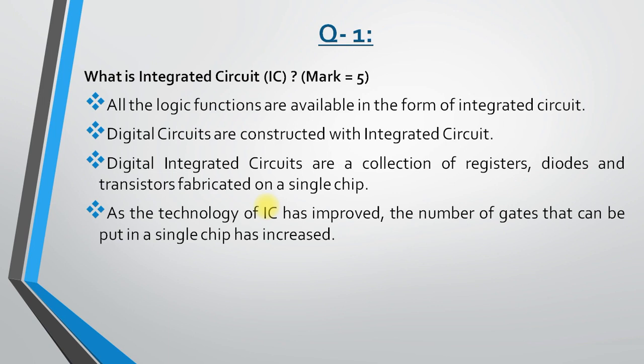All the digital circuits can be constructed using integrated circuit. Digital integrated circuits are the collection of different types of resistors, diodes and transistors which can be combined or grouped into the single chip.